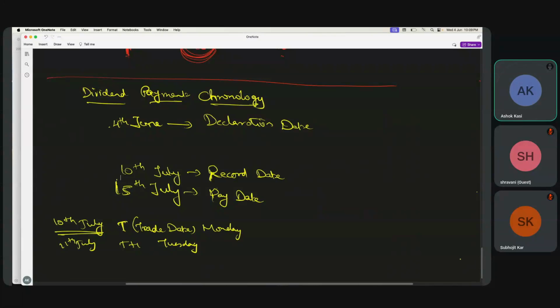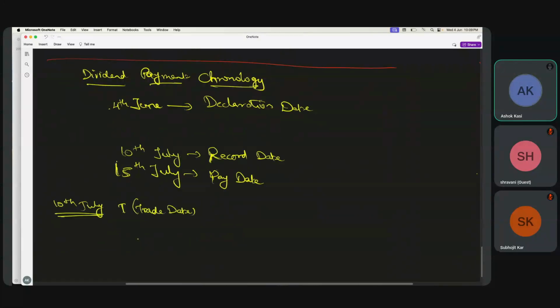So the trade you are doing on 10th July, in the US it takes T plus 2 working days for your trade to get settled. Settle means to change ownership. So T plus 2 is Wednesday, 12th July, you will become the owner.